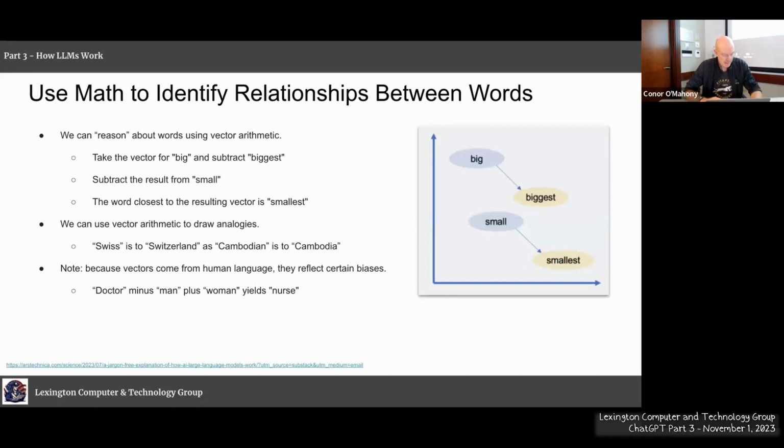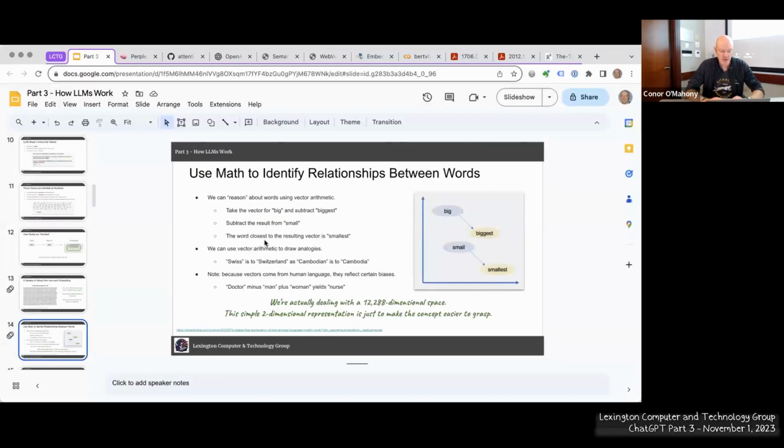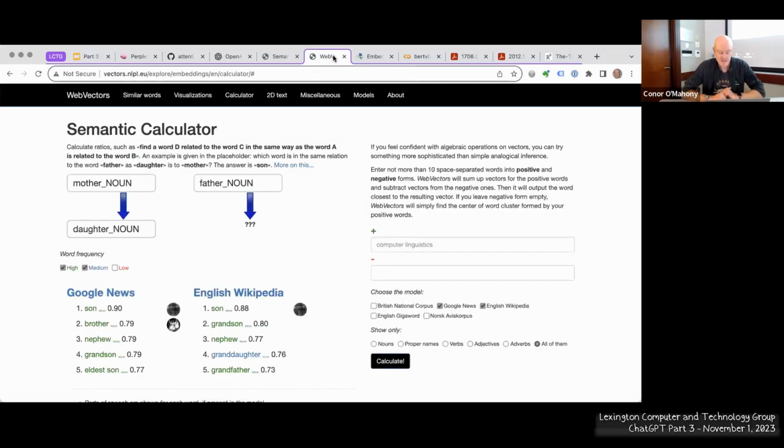Now, again, let's jump out here, because there's another awesome resource that we can use to play around with this. It's from the same website as the last one. And if we go here, let's start to change some of these.